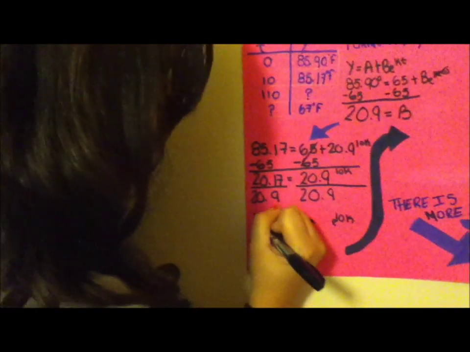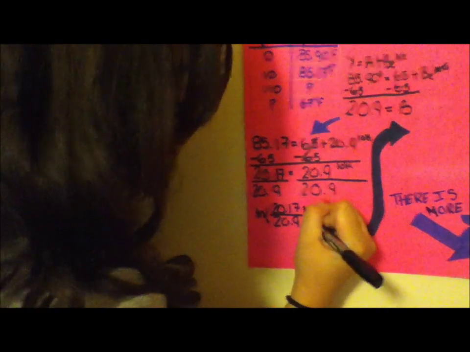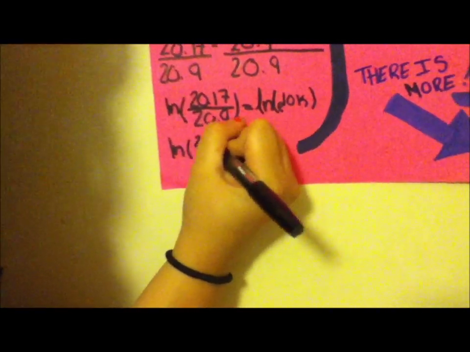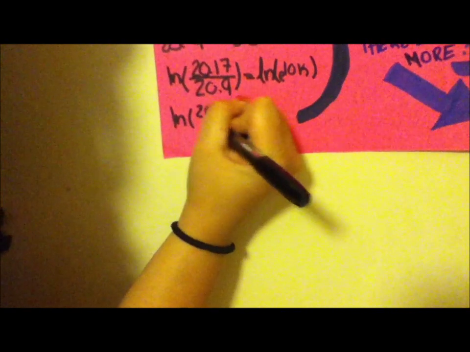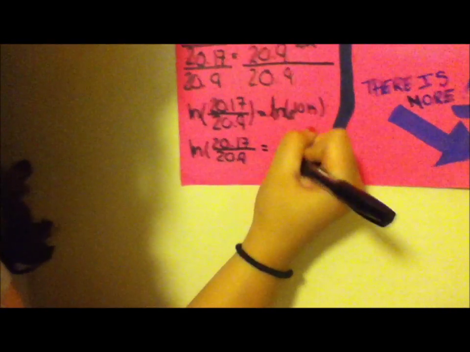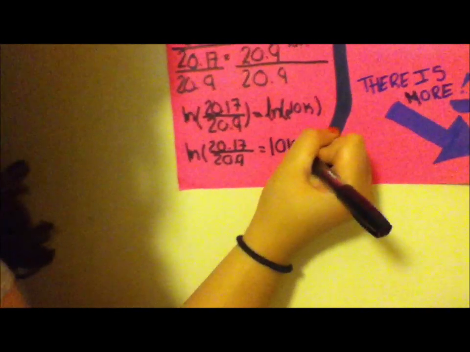To get rid of that, we take the natural log of both sides, and we're left with the natural log of 20.17 divided by 20.9 equals 10K.